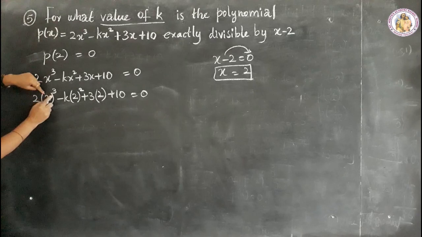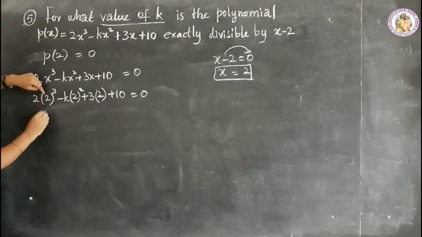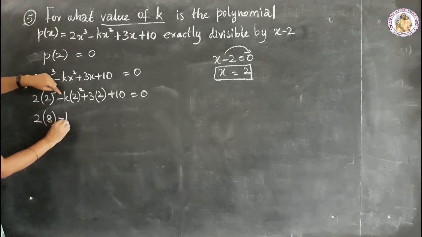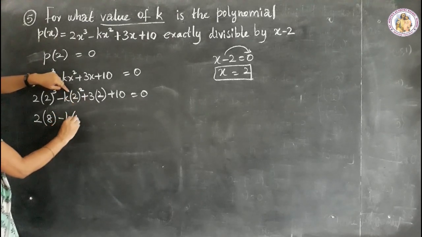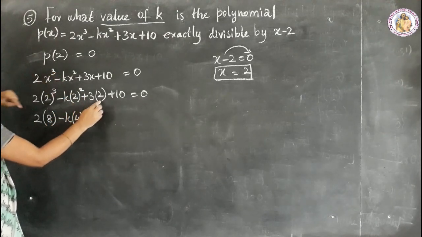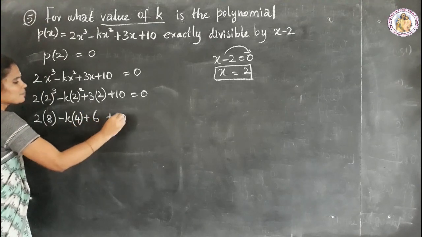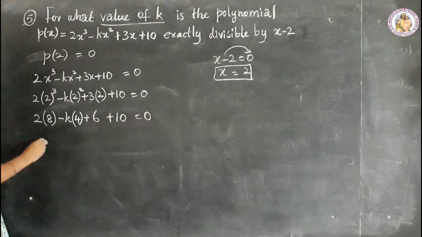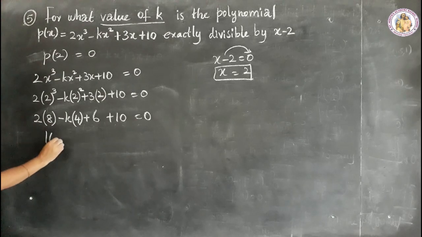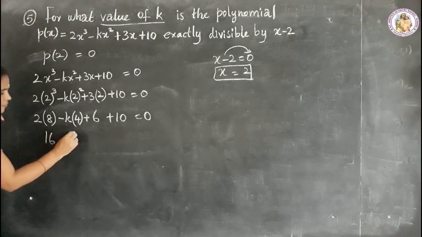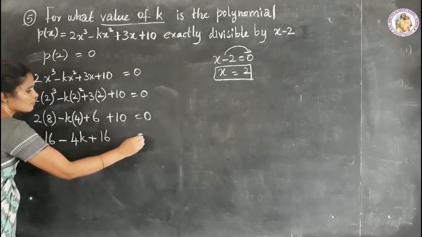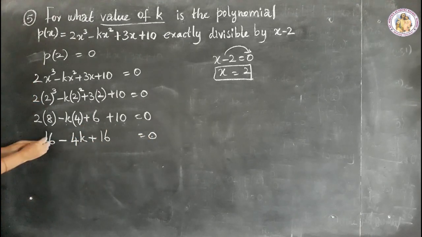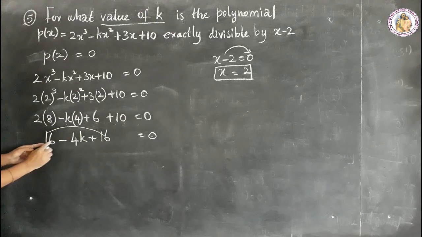Then 2 to the power of 3: 2 into 2, 4 2s are 8, minus k, 2 into 2 is 4, plus 3 2s are 6, plus 10 is equal to 0. Okay, now 2 8s are 16, minus 4 into k, 4k, plus 6 plus 10, that is 16, is equal to 0. Now here we have plus 16 plus 16.